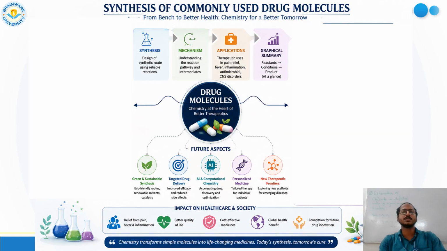So what are the conclusions? Basically, these drug molecules are very simple drug molecules, and we can synthesize them easily. Maximum three steps, minimum one step, and we can get this kind of drug.